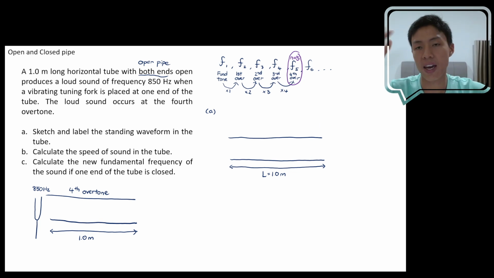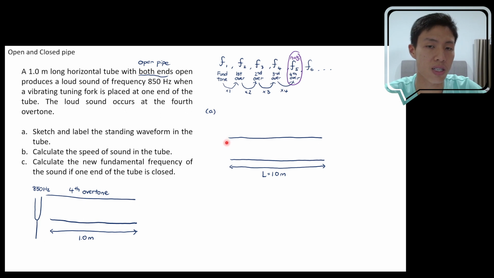If I have an open pipe, these 2 ends here are open. They are not closed. So if my air particles are at these ends, they should have plenty of space to vibrate, because they are not restricted by any wall. There's no wall over here as well. So the particles are freely vibrating at these places.